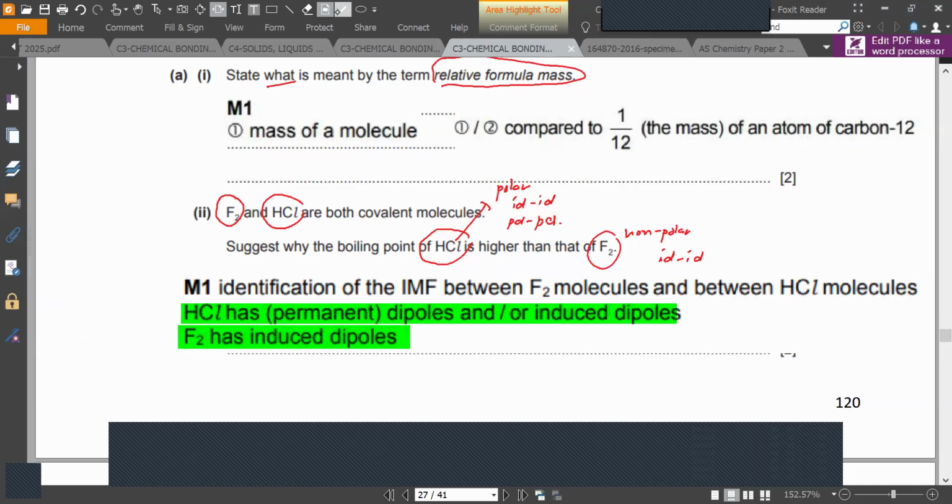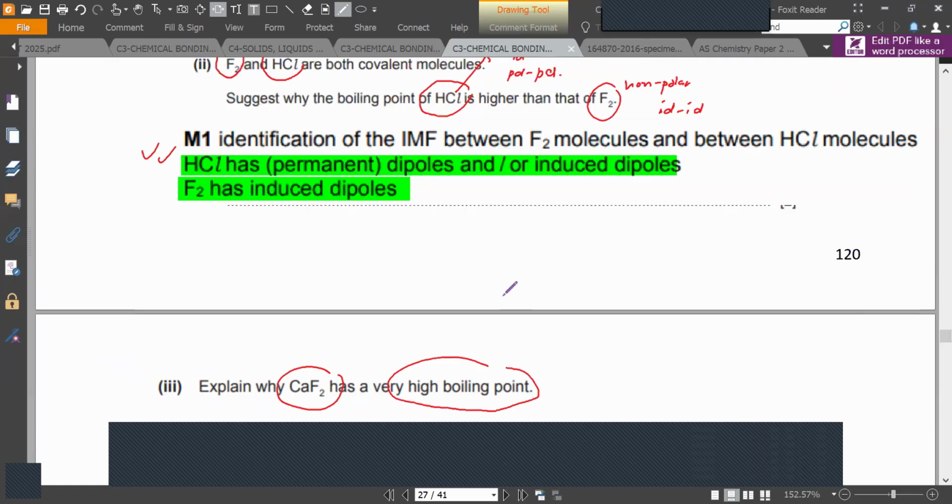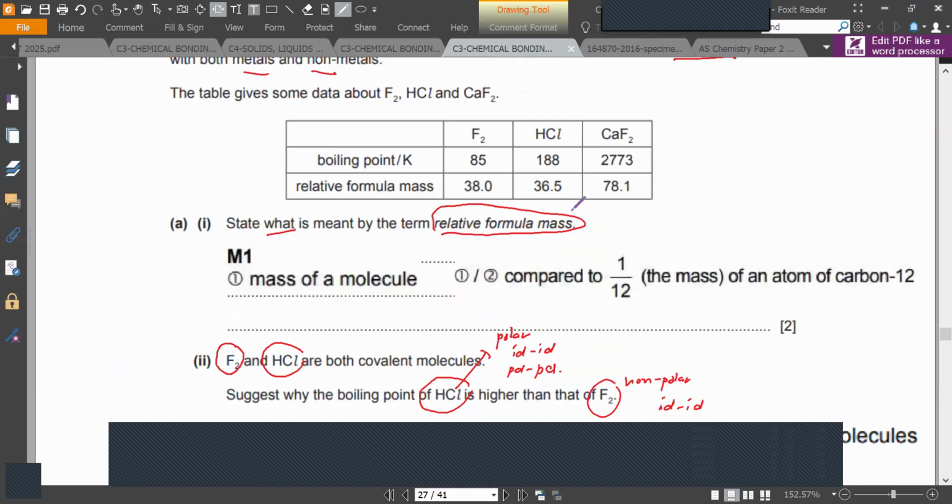So that's why HCl has a higher boiling point, because it has stronger intermolecular forces. Next, explain why CaF2 has a very high boiling point. CaF2, 2000 something.